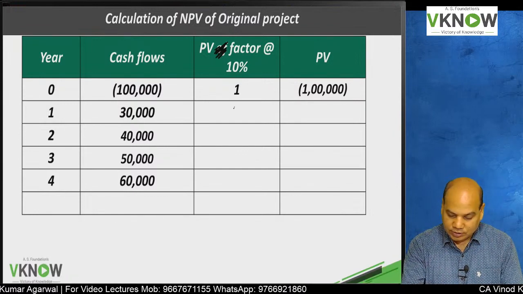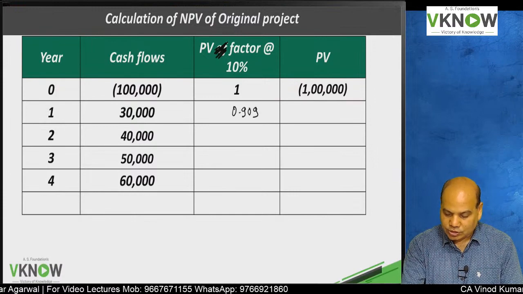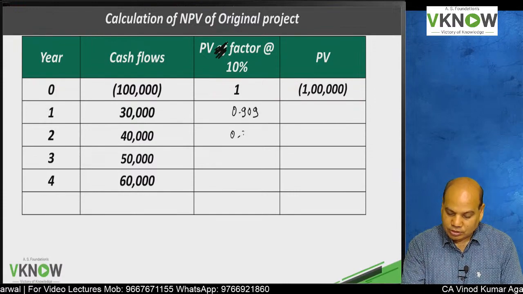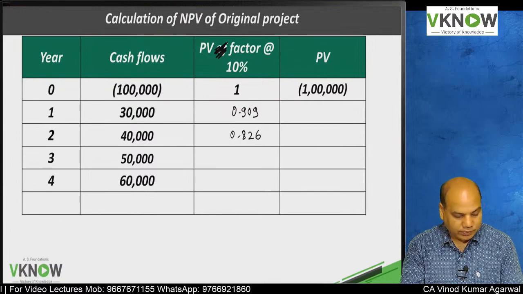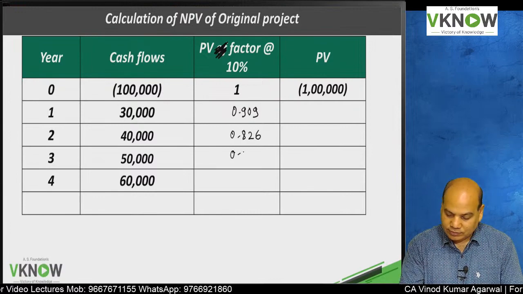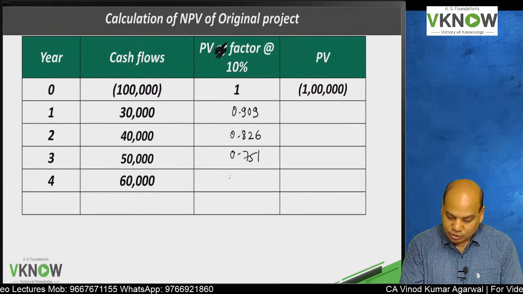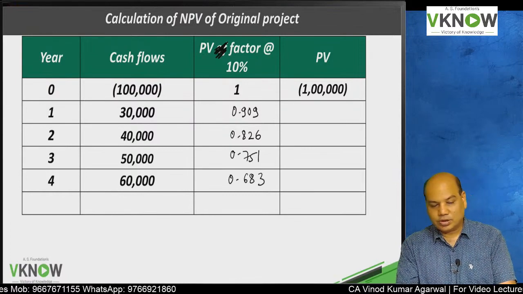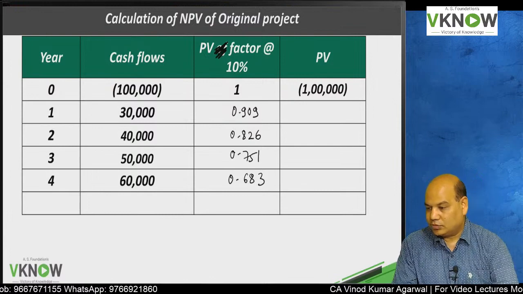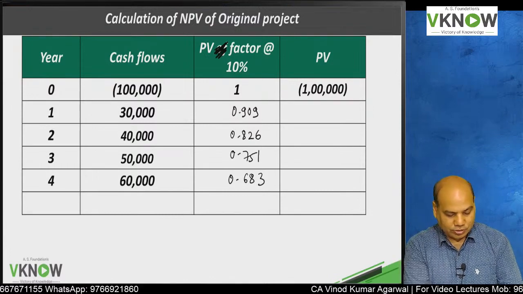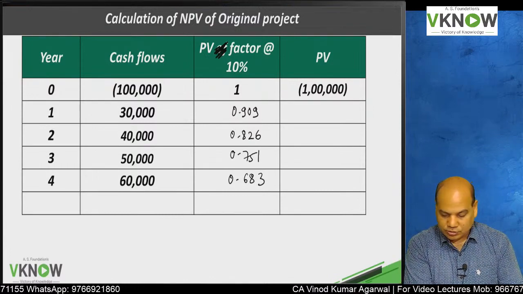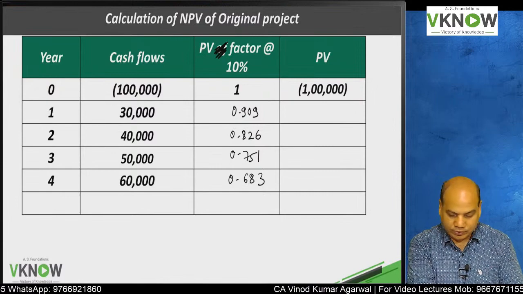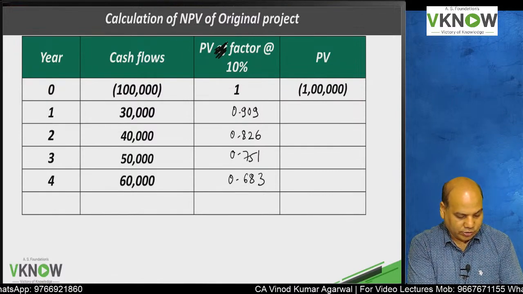Factor is given. Say thank you to the institute. Dear institute, thank you for providing us factor. Because of your factor only I could become CA. Okay. So this is my factor. Now use your calculator and memory plus also. 30,000 into 0.909.